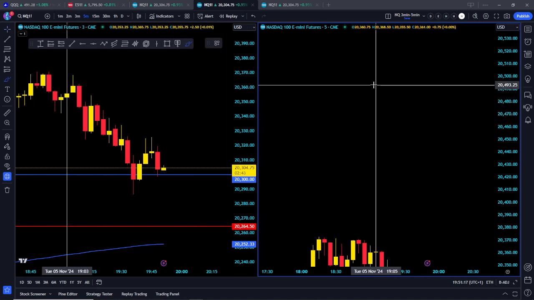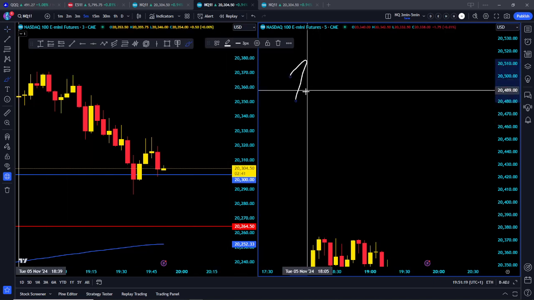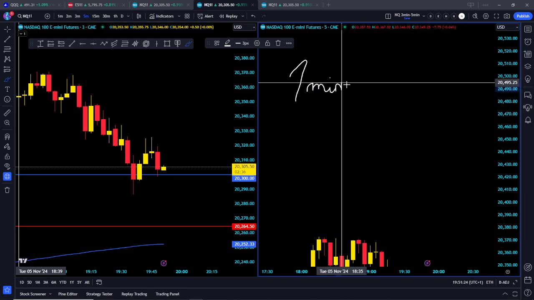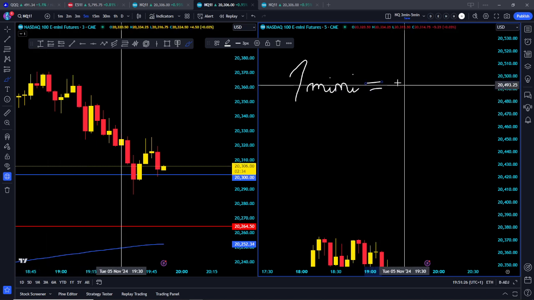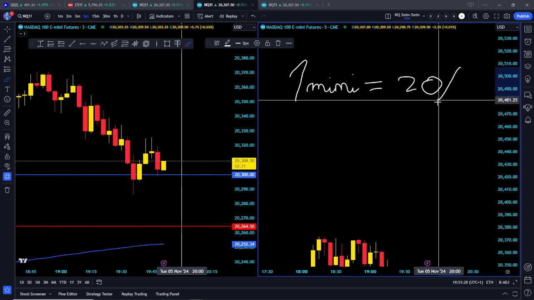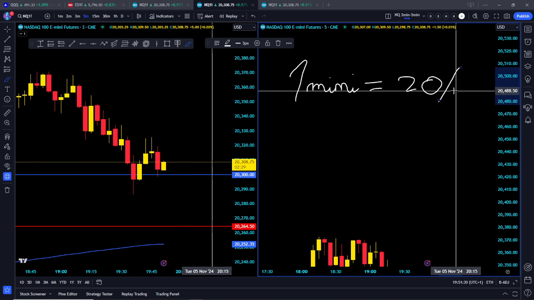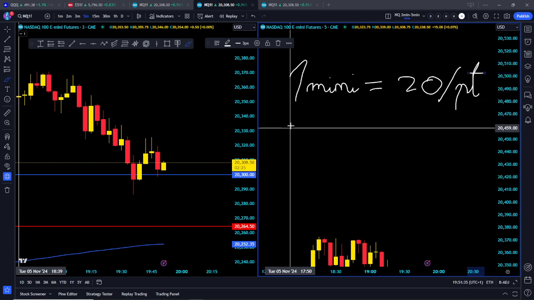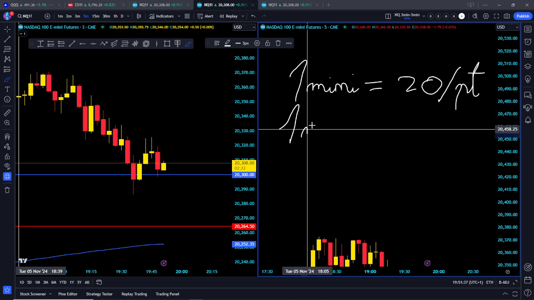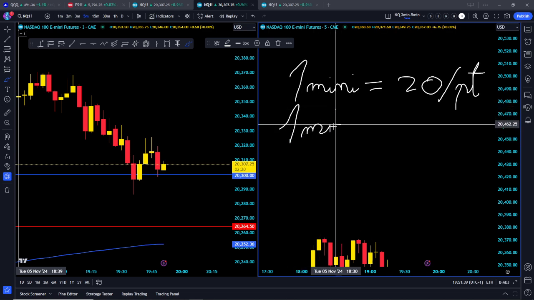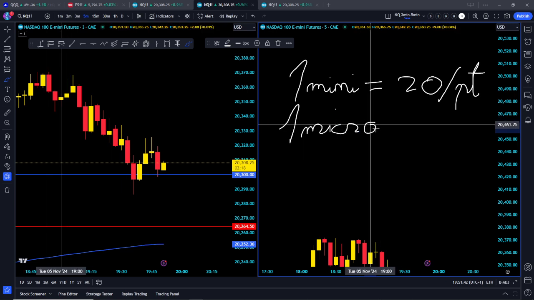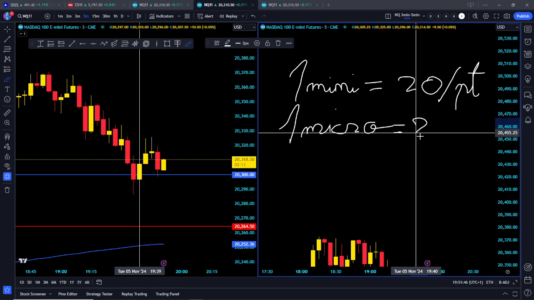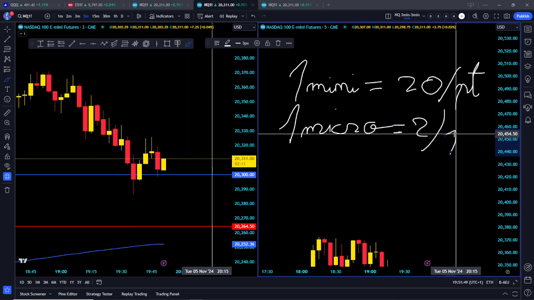So, one mini equals $20 per point move, right? But one micro equals $2 per point.